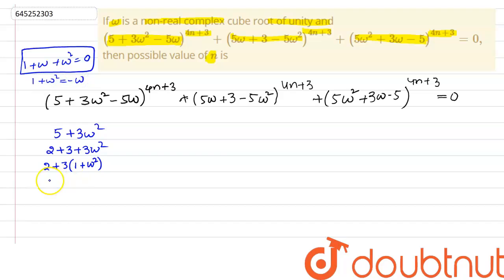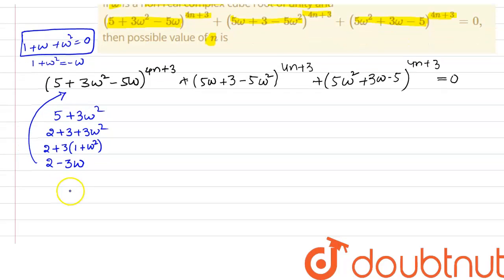Can we substitute that here? Yes. That means we get 2 + 3 (1 + omega square) is 2 - 3 omega. Therefore, substituting this value back, we get this as (2 - 3 omega - 5 omega) whole to the power of 4n + 3.